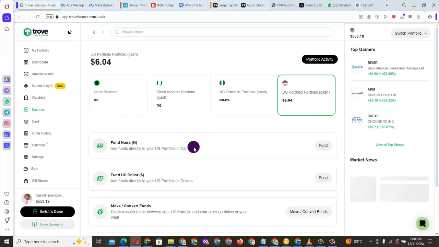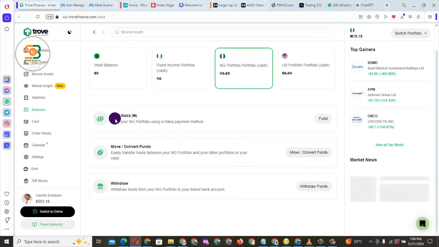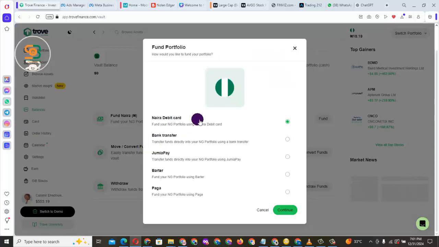So it is very, very easy for you to fund your account. And let me use this one to show you guys how to do that. If you want to fund the NG, that is the local portfolio, you just go ahead and choose. If you want to fund Naira, convert funds and all that, you just click on fund Naira, either Naira debit card, bank transfer, Jumia Pay, you have Bata, you have Paga. So me, I normally choose the bank transfer.